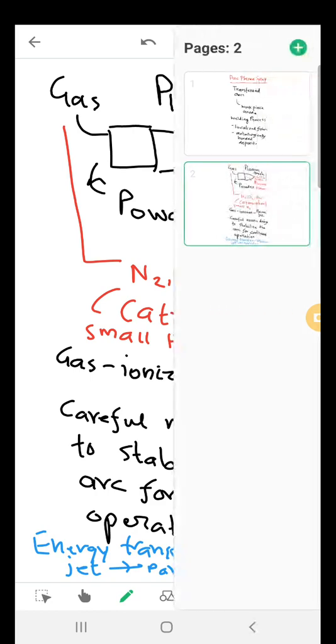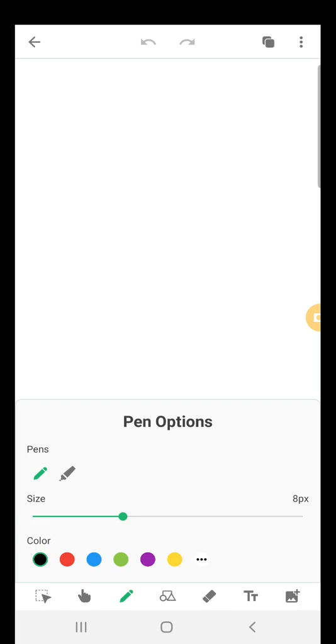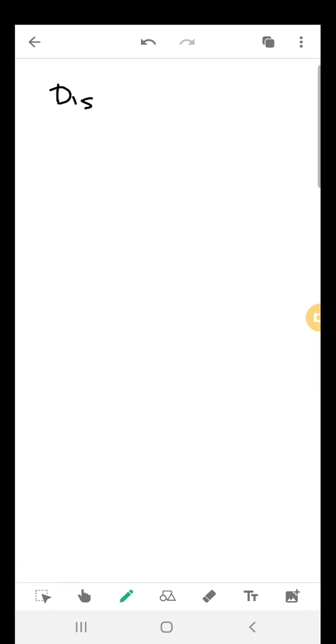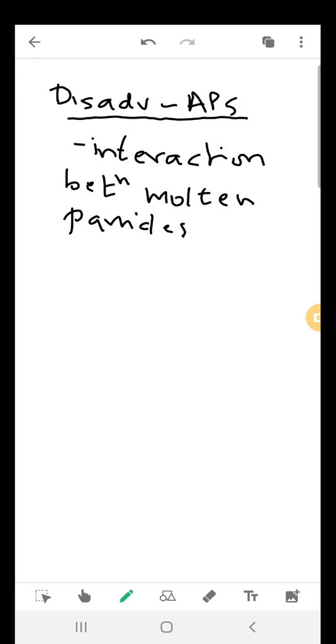Now, the disadvantage associated with plasma spray is the interaction between the molten particles and atmosphere.